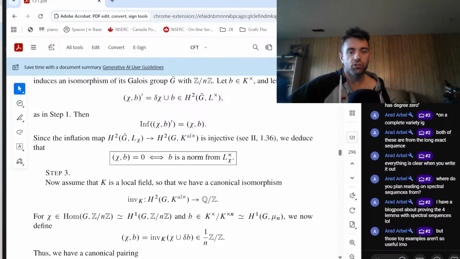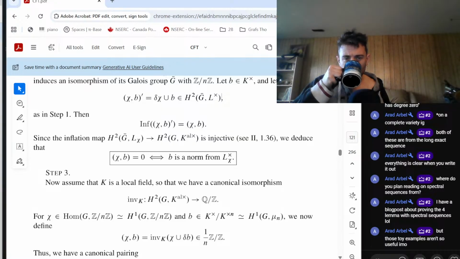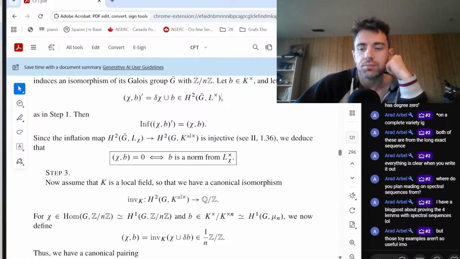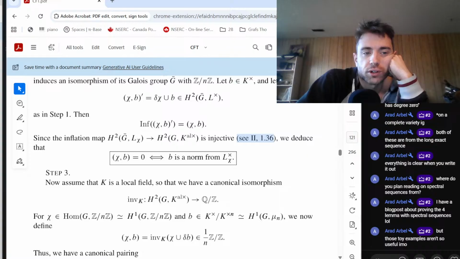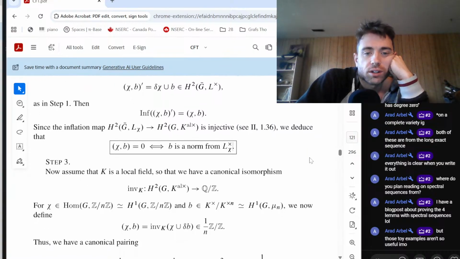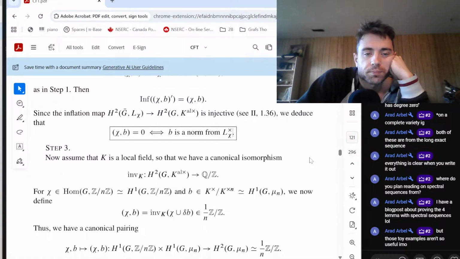This should be injective. Okay, I'll take his word for it. This should be injective.